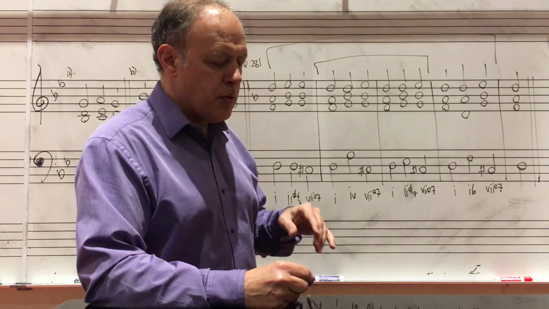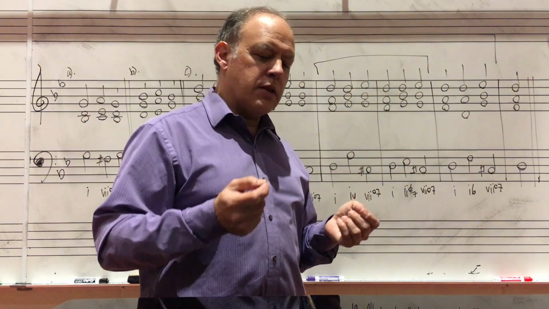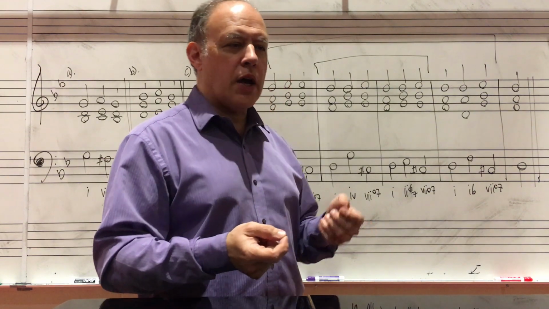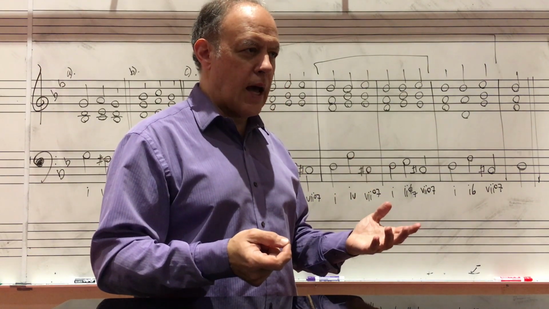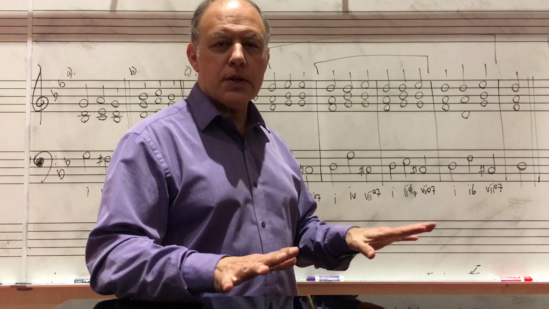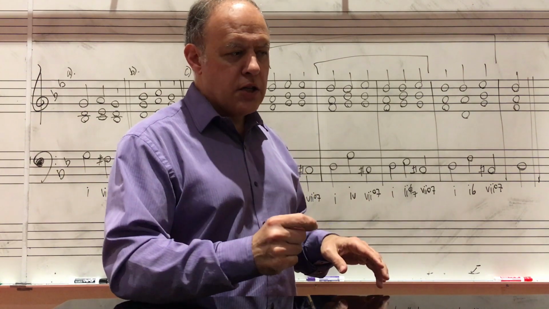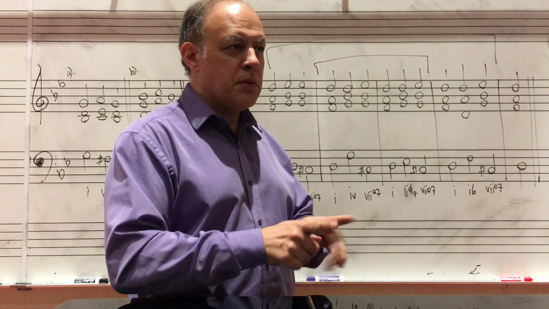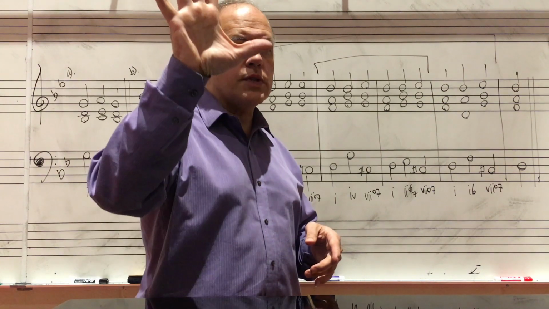The other thing to remember is that I was comparing the use of the leading tone triad and the leading tone seventh as essentially opposite voice leading models. So for the leading tone triad, there's a doubled element, it moves contrary, and then everything else moves up.